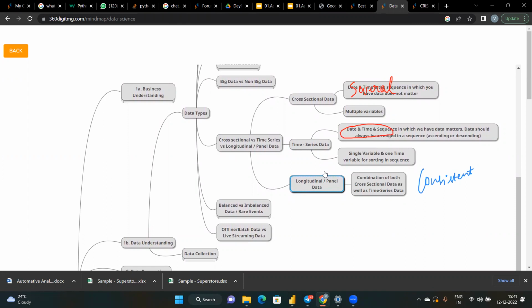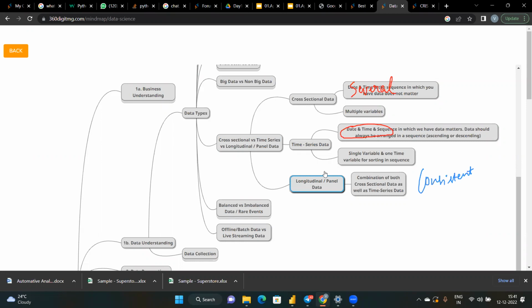You can say longitudinal data, panel data, pooled data. We have different names for this. The most preferred terms that data scientists use are longitudinal or panel data, the combination of both.